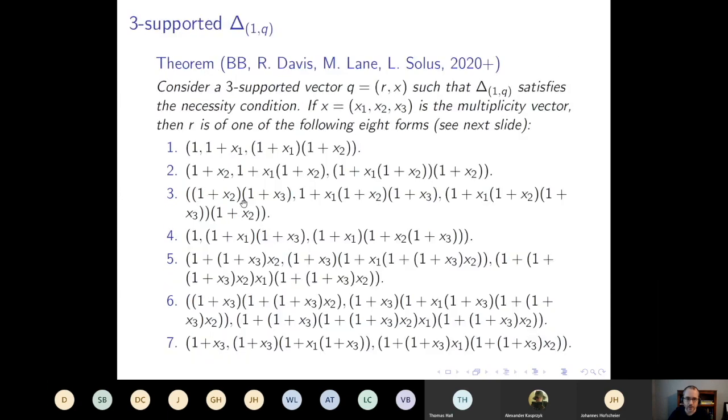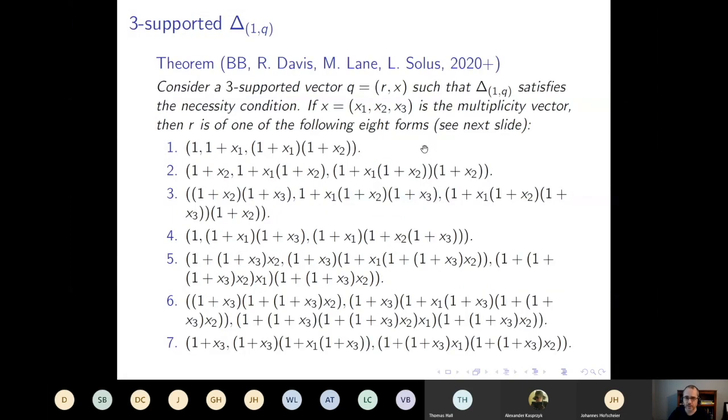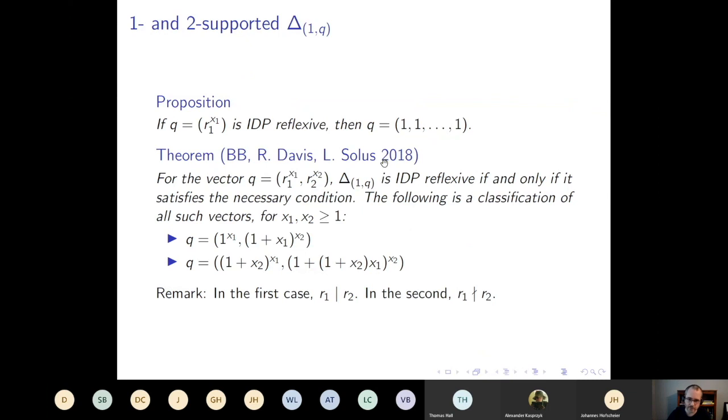All right. So let me talk a little bit now that we know what we're looking at in terms of IDP reflexives, at least with small support. Let's talk about unimodality. And maybe I should say one other thing first. Even though these have small support, they're arbitrarily high dimension, right?